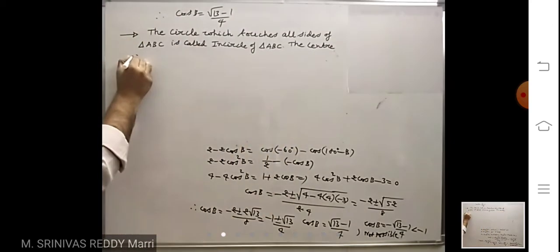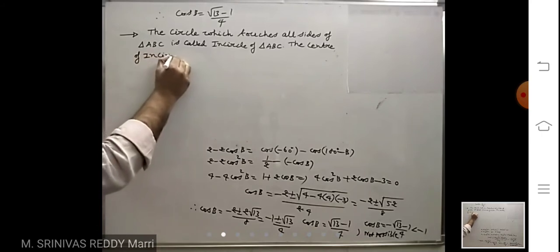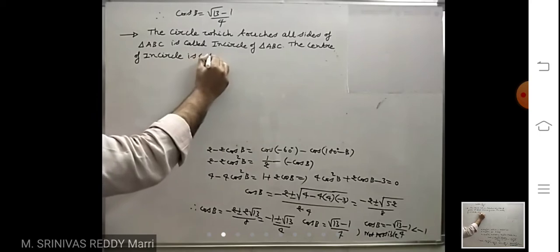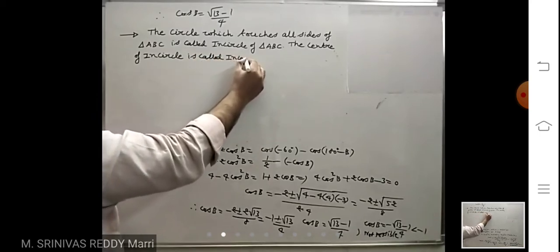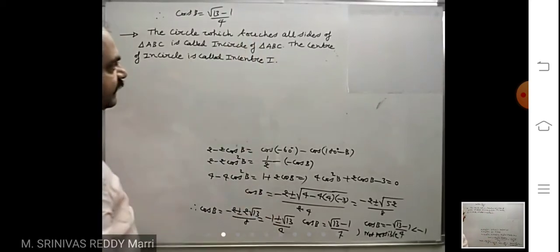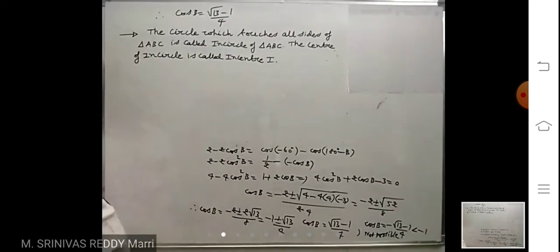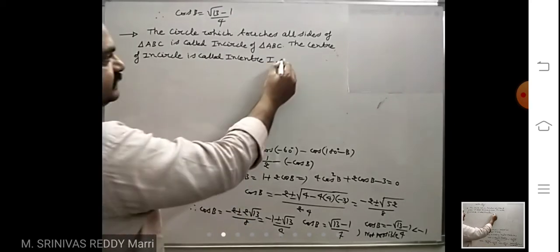The center of the incircle is called the incenter. New concept, all of you follow carefully. This incircle is there, and the center of that circle is denoted by I. That is called the incenter of triangle ABC.